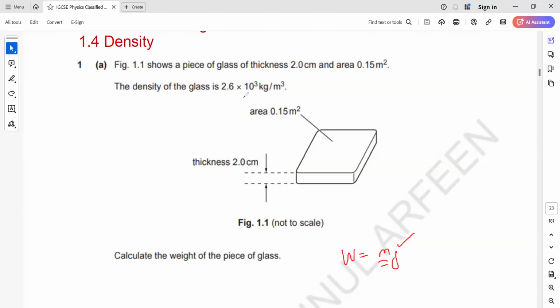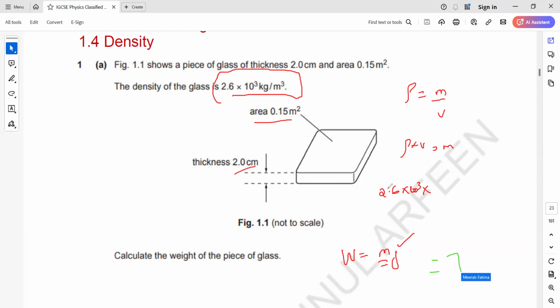How to work out the mass? We have the density, but the unit of a density is kilogram per meter cube. So if a density is mass over volume, so mass will be density times volume. We have the density which is 2.6 exponent 3. But what about the volume? The volume is area multiplied by height, but area is meter square and the height or the thickness is in centimeter. So we have to convert this into meters first.